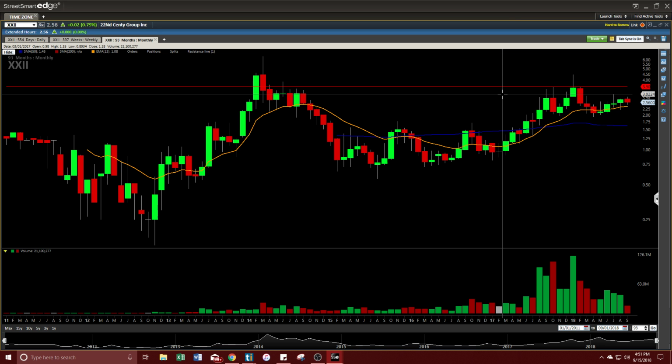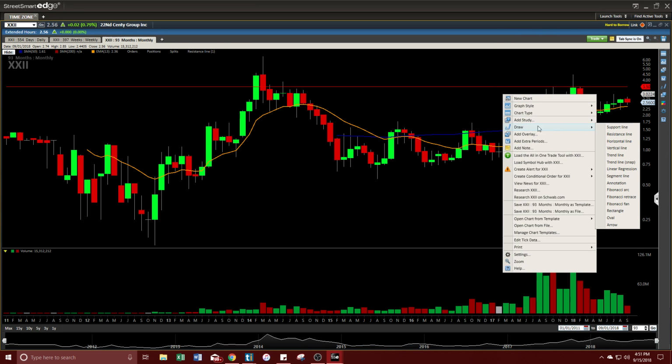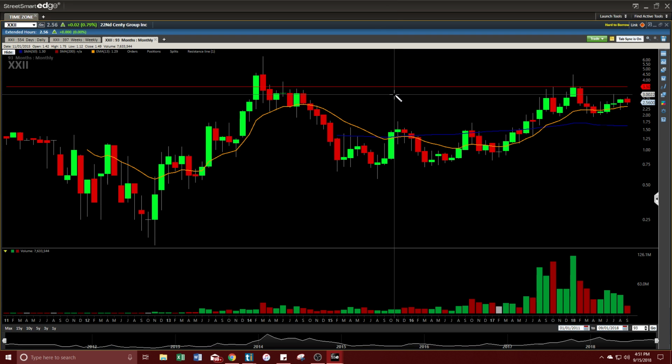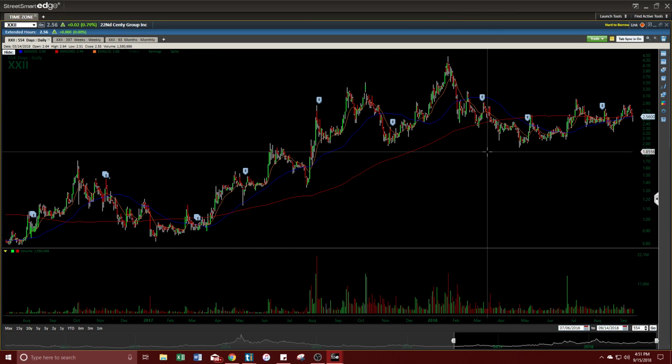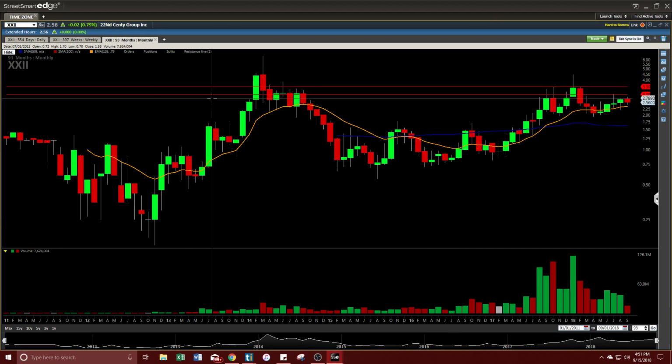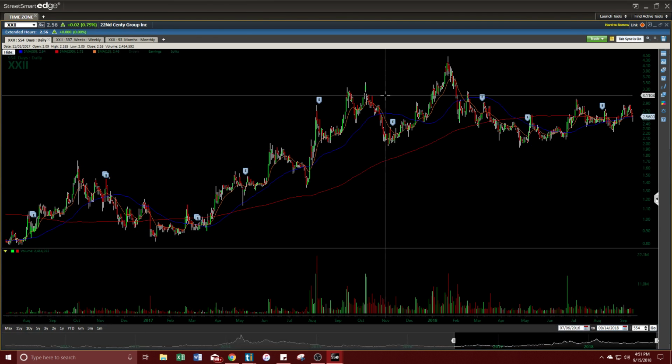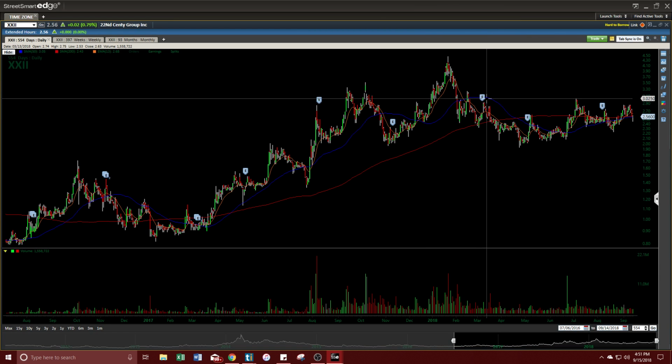So I'm just going to say $3. I wish with this platform though, when I plotted something on the monthly, it would plot it also on the weekly and the daily for me, so I don't have to keep going back and looking.